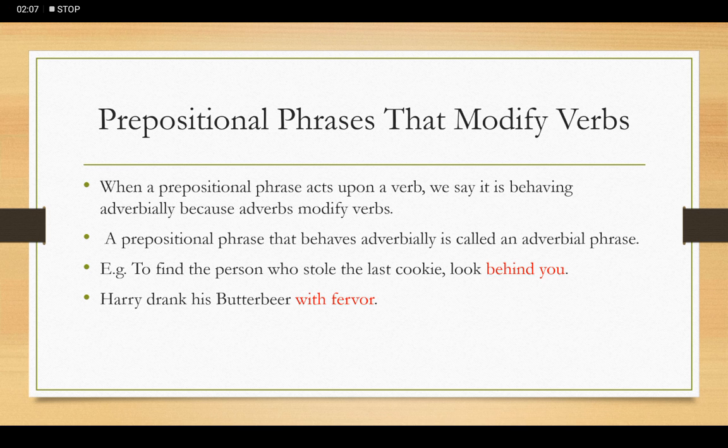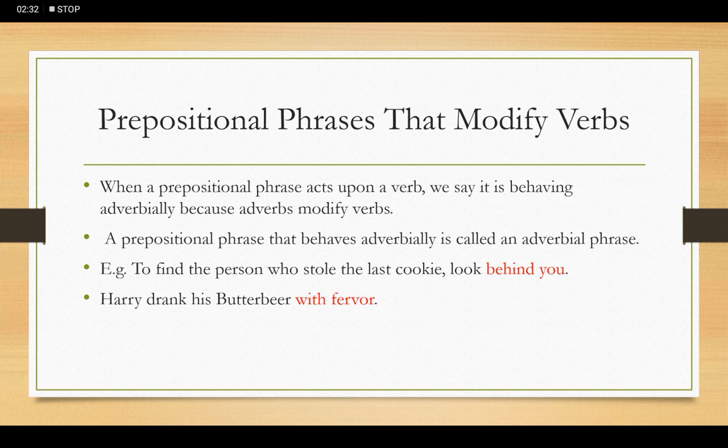Next come prepositional phrases that modify verbs. Since they modify verbs, they are known as adverbial phrases because they behave adverbially. To find the person who stole the last cookie, look behind you. Look is the verb, and it is being added to by the prepositional phrase behind you.